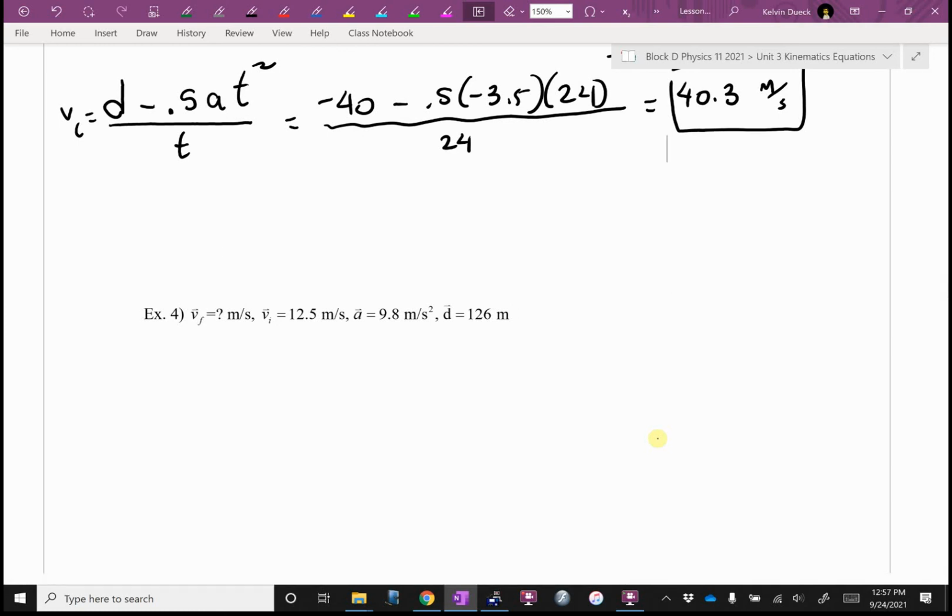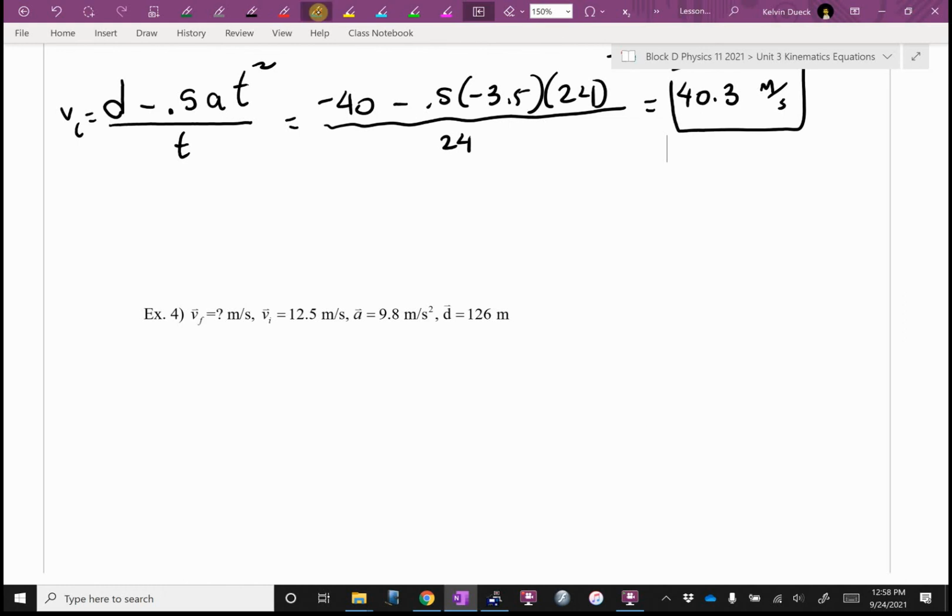So he moved to the next equation. He said, oh, that's got a t in it. I don't have t. So probably your eye has moved to the third equation and you went, I got a D, I got a V. Oh, that one also has a T in it. I don't know T. So now you move to the fourth equation. You said VF check, VI check, A check. Ah, it's a squared one. Okay, that's the process of elimination that you're going to do, but you're going to get really fast at it.